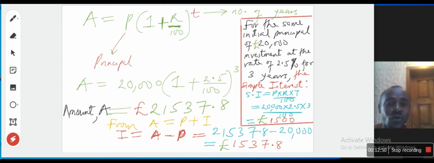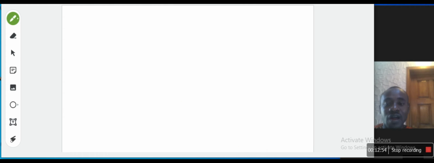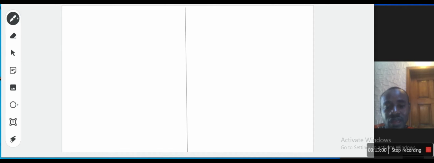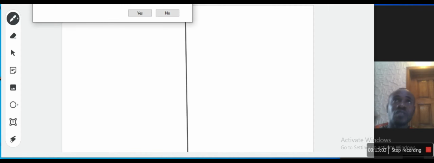All right. So it is not just about money. You can also use this to calculate changes that occur or increments that occurred exponentially, what we call exponential increase or even exponential decrease. I'll give you an example.